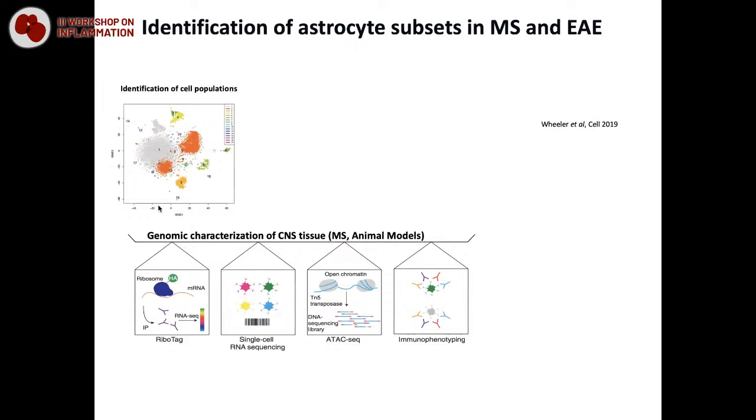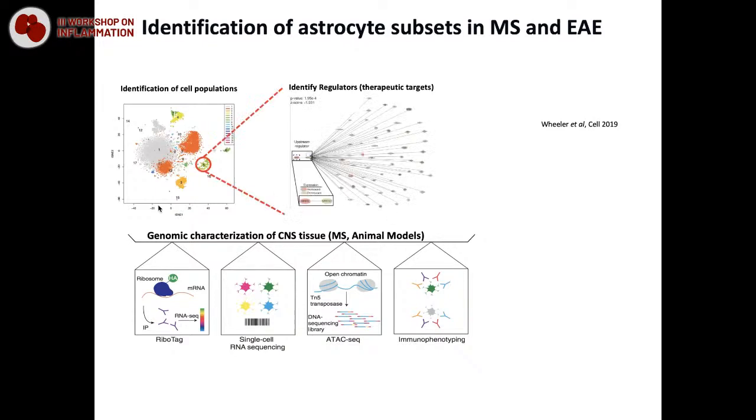But then what we want to do is, for each one of those populations, identify the molecular mechanisms that control them. The reason is that those mechanisms can, on the one hand, become candidate targets for the modulation of these astrocyte subsets in the context of disease.